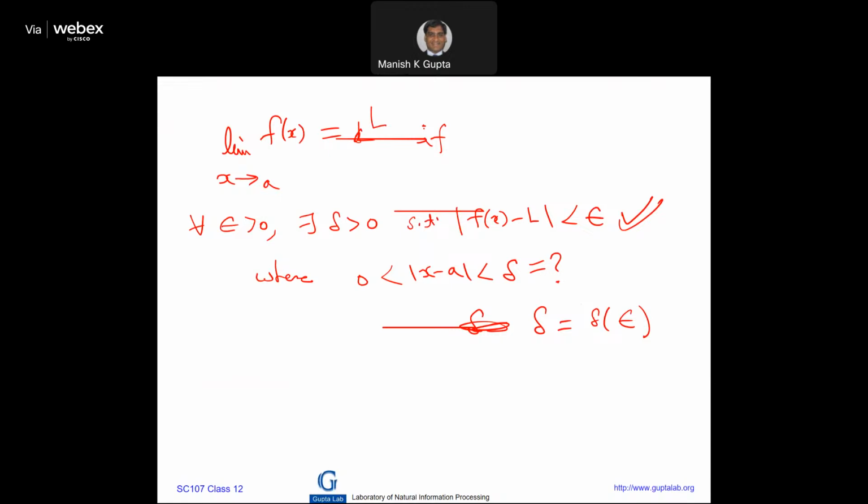Okay, so that is the thing. I think you know how to do it anyway. So both the cases are clear. In case the limit does not exist, you have to arrive at some epsilon for which there is a problem.